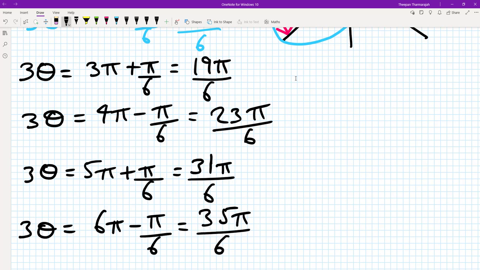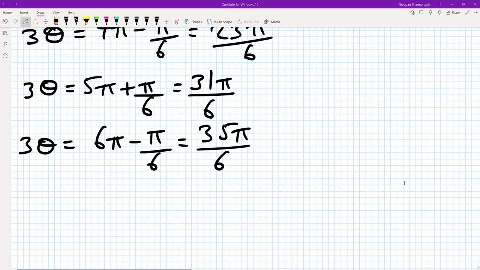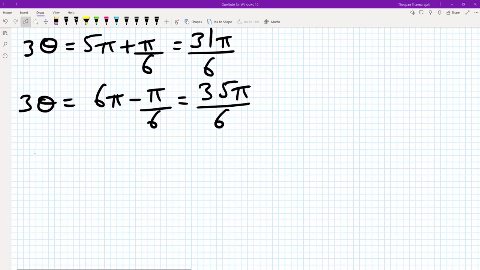So now, lastly, we're going to say that 3 theta are the following values.